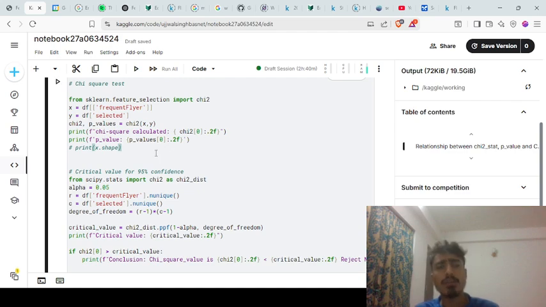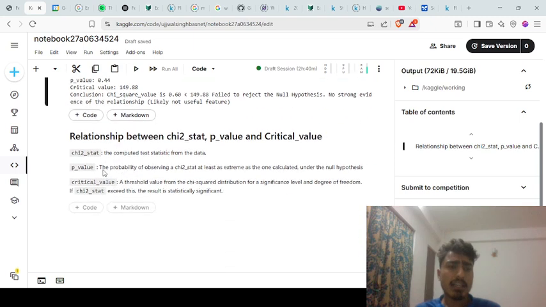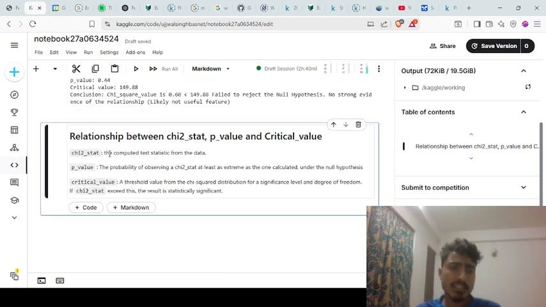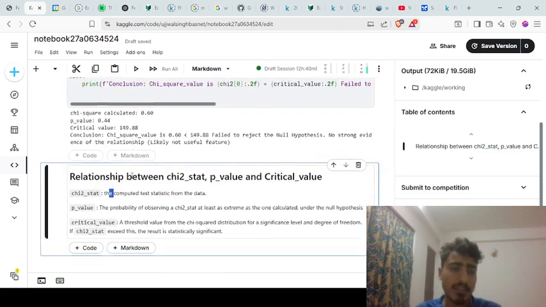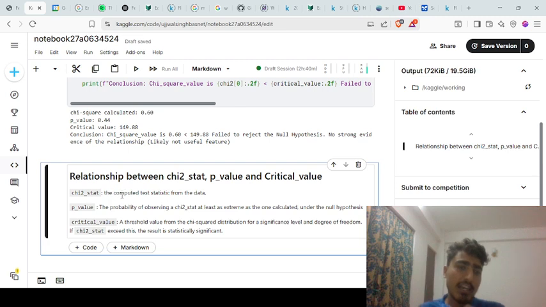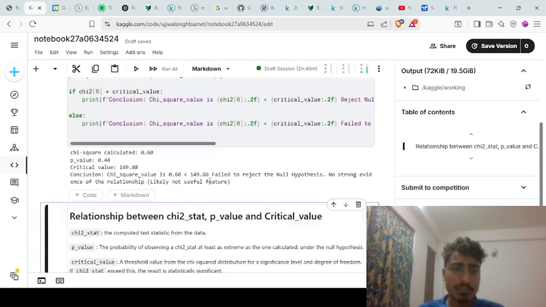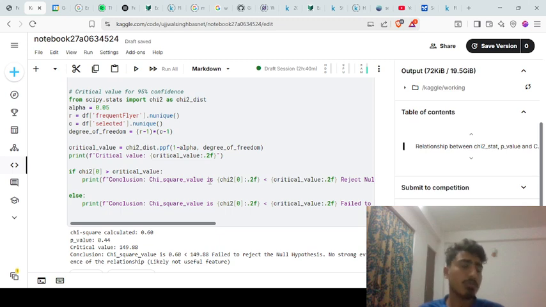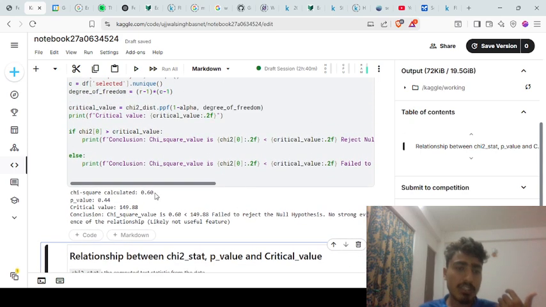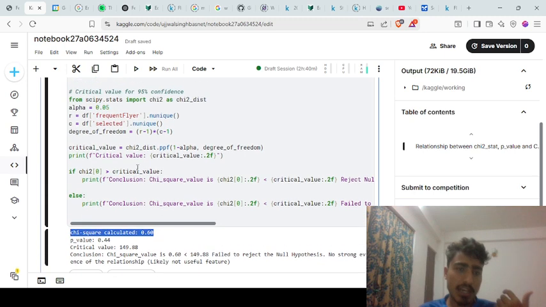What the chi-square value and p-value are, like I have mentioned here, chi-square studies the chi2 and stat, and these are the same. Don't be confused in here. It is the computed test statistic from the data, meaning the formula we have used, that is summation of (o minus e) power 2 divided by expected, which calculates this one value, as we have computed using Python.